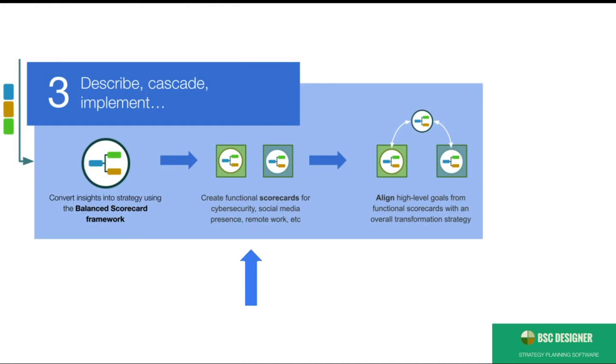Now you have a high-level digital transformation strategy that shows a general direction. Your team will also need to have some specific guidance. They will have their own functional scorecards with the goals that contribute to the overall strategy directly or indirectly.